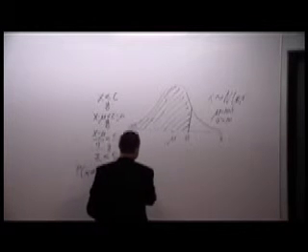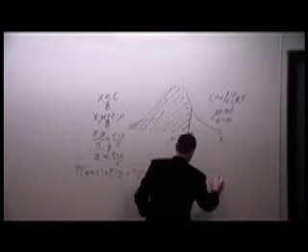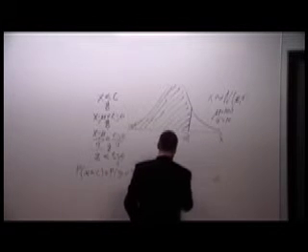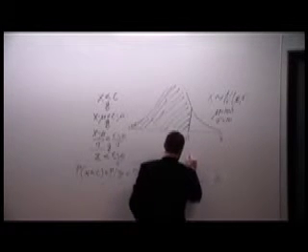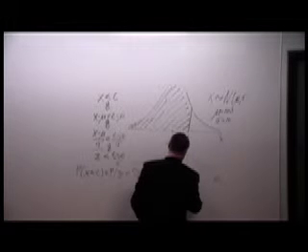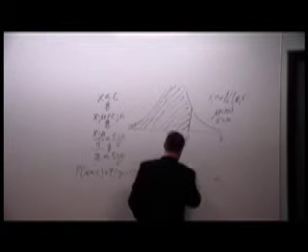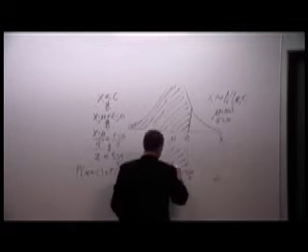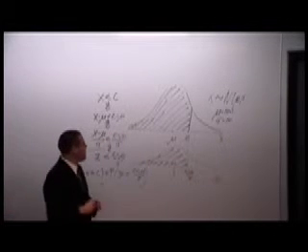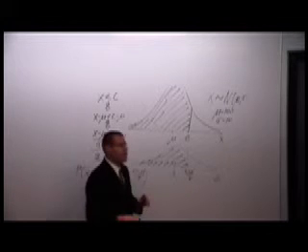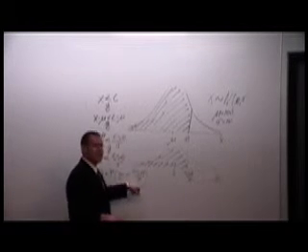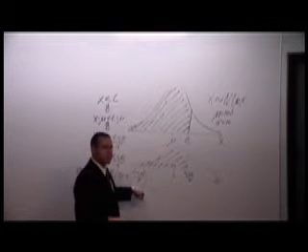So instead of looking up x less than c, we looked up z less than c minus mu over sigma.